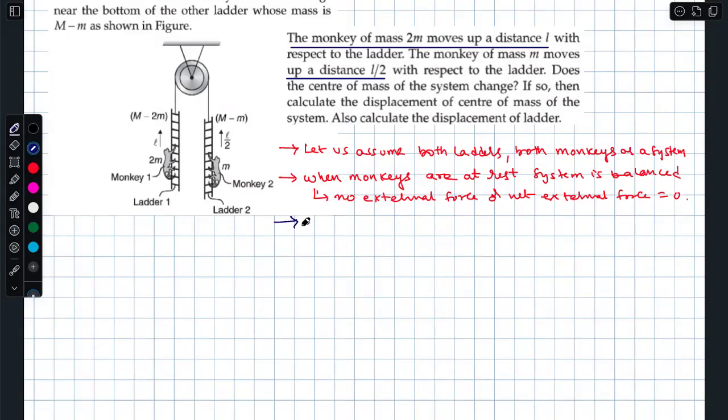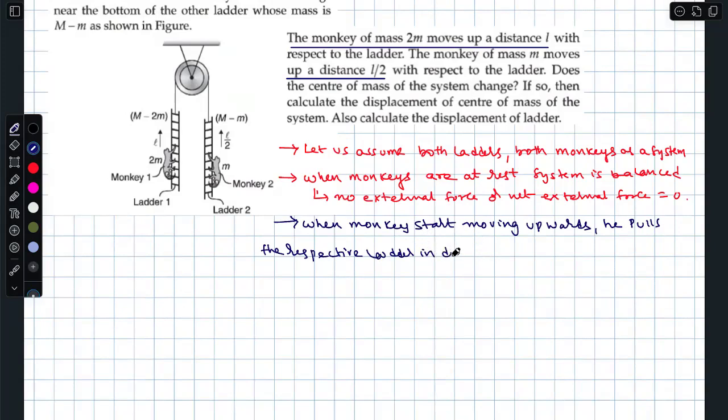When the monkey starts moving upwards, he pulls the respective ladder in the downward direction, due to which tension in the string increases. This is another point of observation.